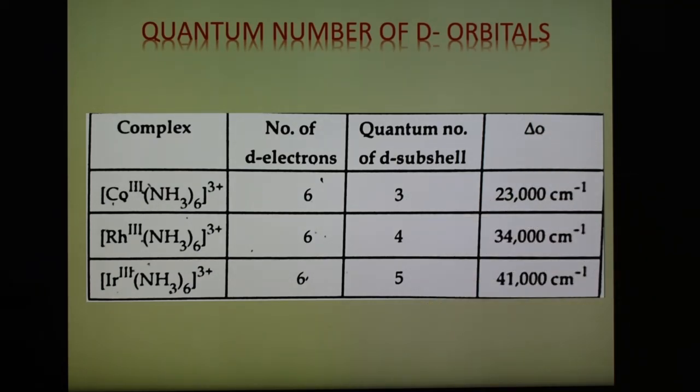So we can say that delta O value increases about 50% from 3d to 4d, and it also increases from 4d to 5d complexes. An example is shown in the table, and it is also observed that 5d and 4d valence orbitals of the central metal ions are better than 3d orbitals in sigma bonding with the ligands. So these are the 4 cases in the nature of the metal ion, and this is the first factor.